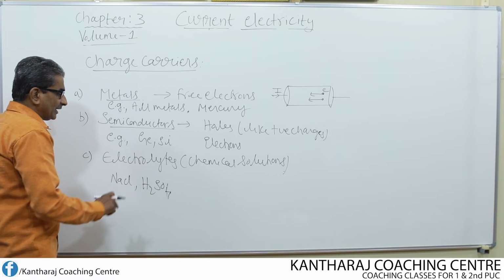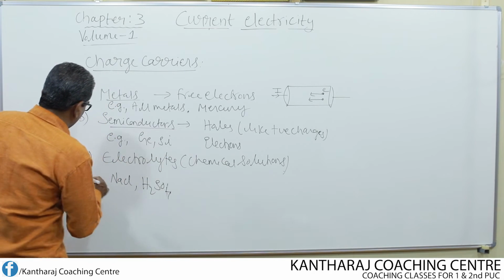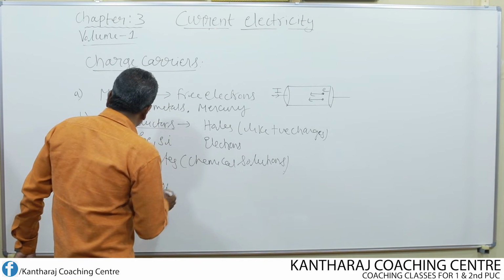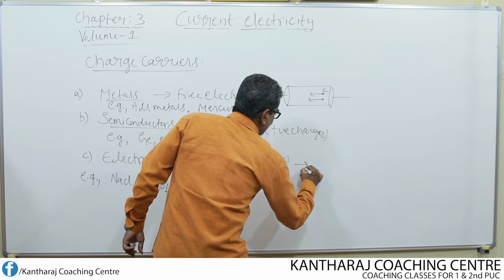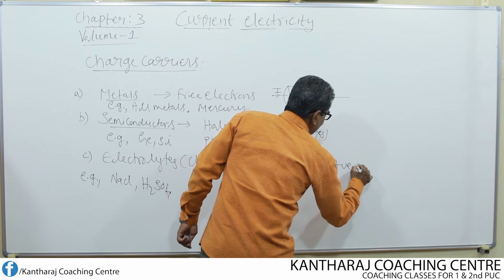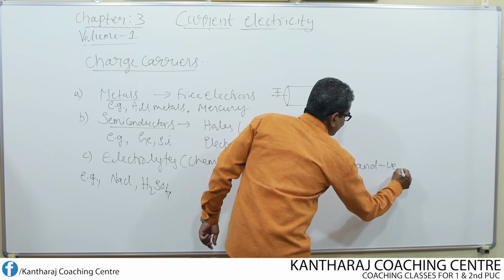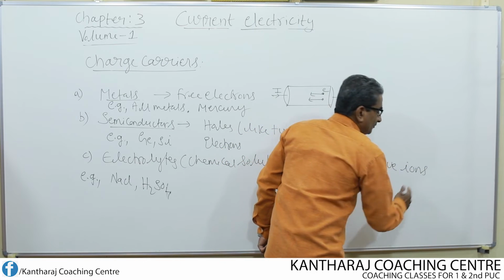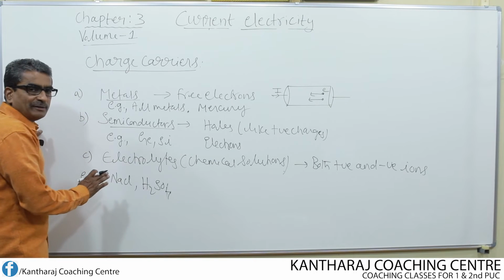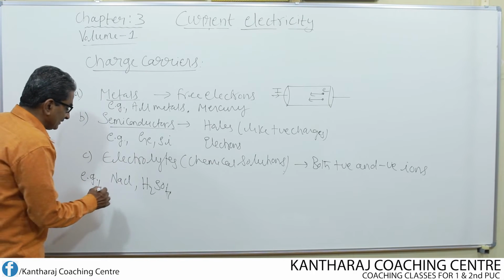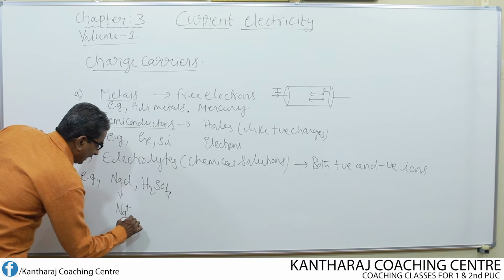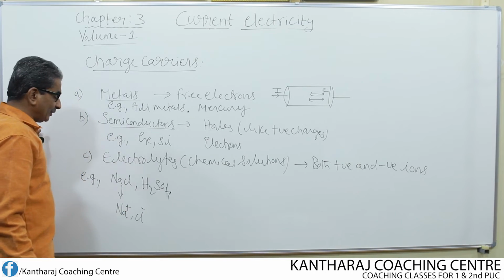In the case of electrolytes, the charge carriers are nothing but both positive and negative ions. Say for example, sodium chloride dissociates into sodium positive ion and chlorine negative ion.